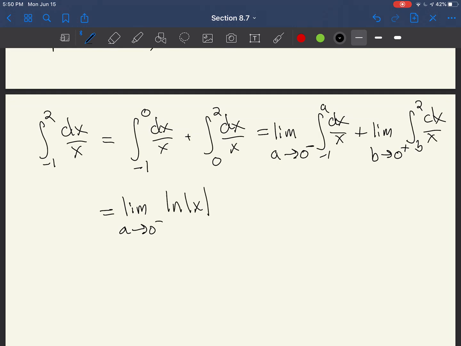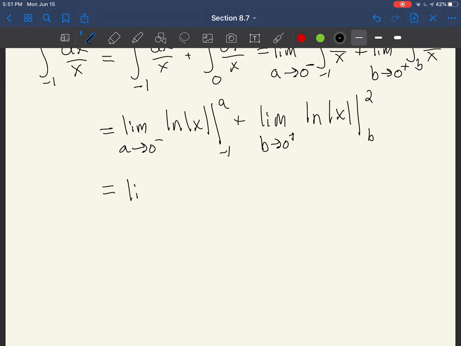This is the limit as a goes to 0 from the left of the natural log of absolute value of x, evaluated from -1 to a, plus the limit as b goes to 0 from the right of the natural log of the absolute value of x, evaluated from b to 2.